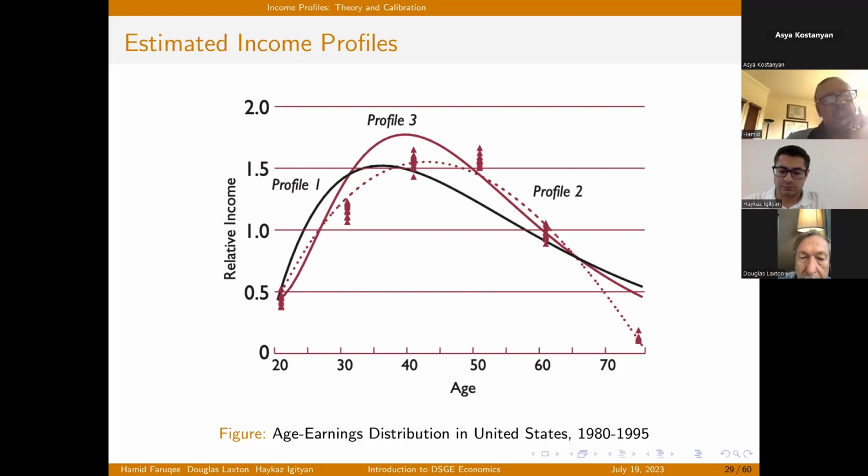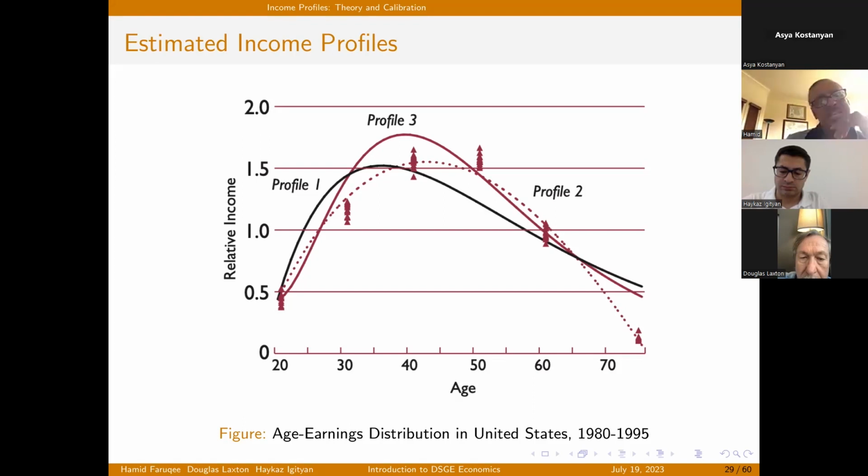So 60-year-olds, you're getting close to retirement, but you're earning basically close to the average income per capita at that point, and then beyond that, you're moving into retirement. And again, in the model, it's a gradual retirement phase. Your working hours go down on average, and that's what the hump-shaped income profile tries to match.